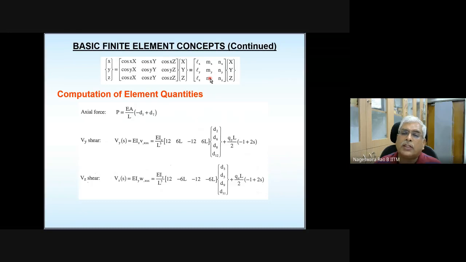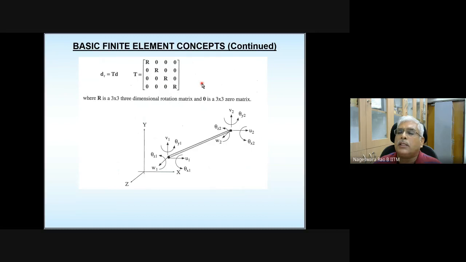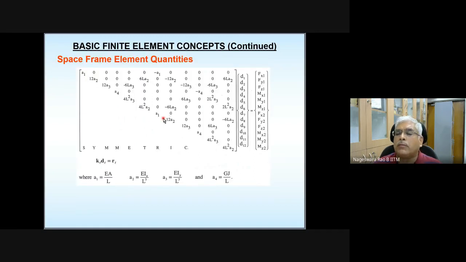Okay. Assuming that you know this rotation matrix, you know the transformation matrix. And you can find the stiffness matrix in the global coordinate system by doing T transpose K_L T. And then you can assemble the element equations and get the global equation system if it is required, or you can directly write the reduced equation system depending on which degrees of freedom are zero.